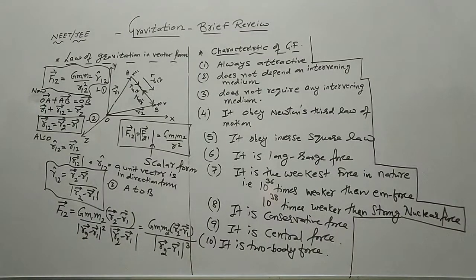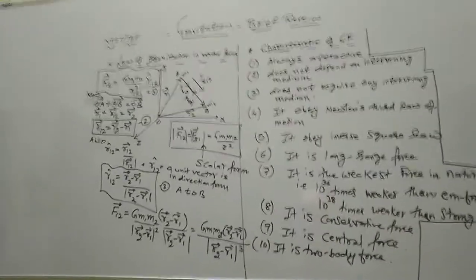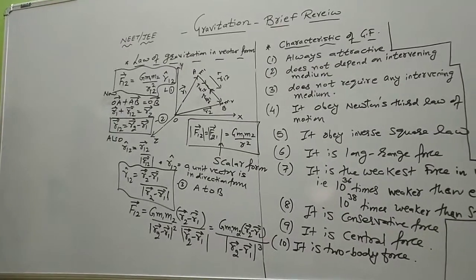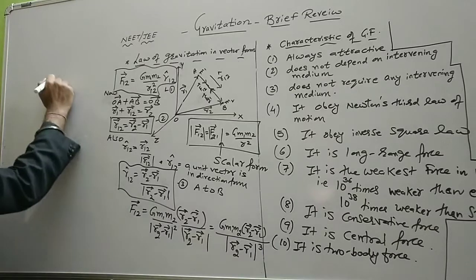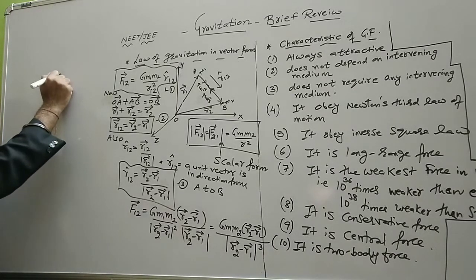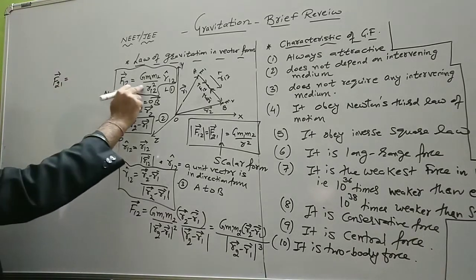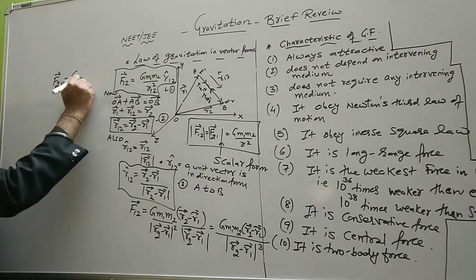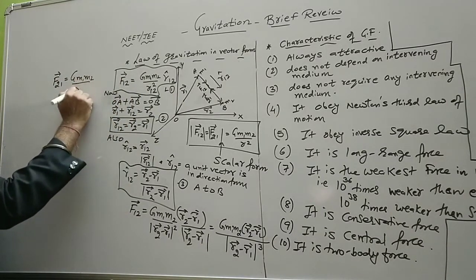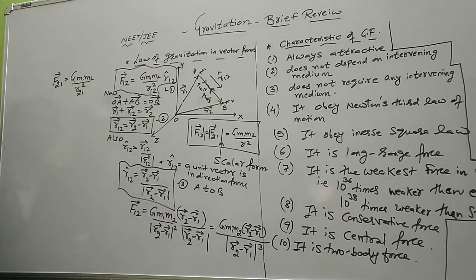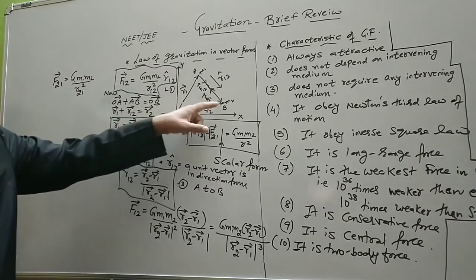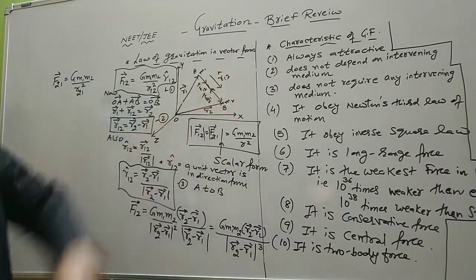Similarly, we can write force acting on 2 due to 1. So if I want to write in unit vector form, it is G M1 M2, distance between 2 and 1 square. Then the direction of this 21 is opposite to this.